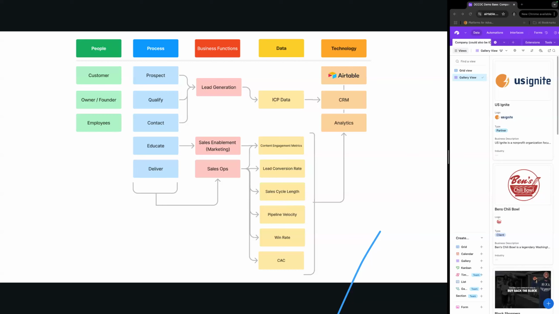And finally, CAC, customer acquisition cost, helps us monitor the cost effectiveness of our sales and marketing activities. All of the data generated by these activities goes into this analytics bucket, and our ICP data from the section before would go into our CRM.